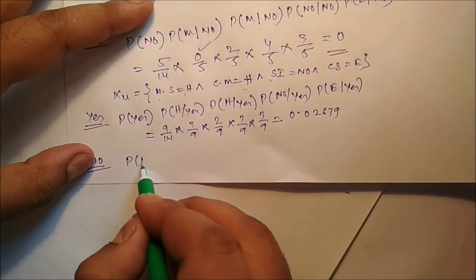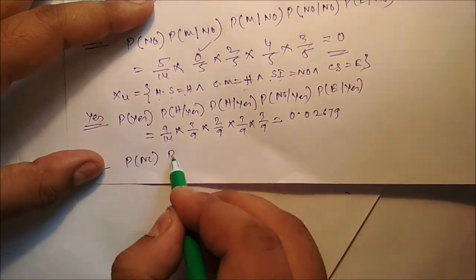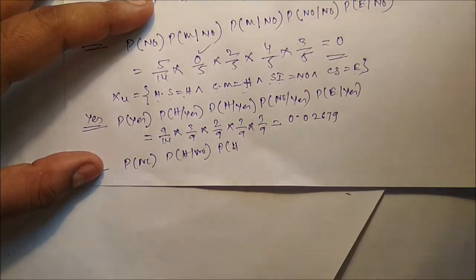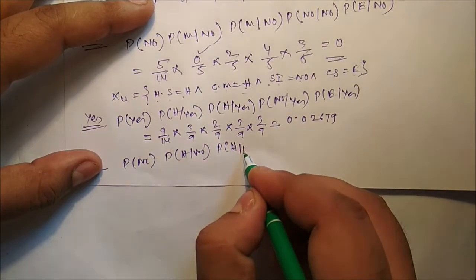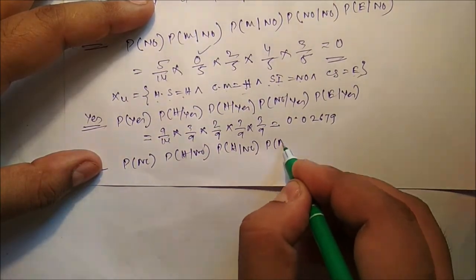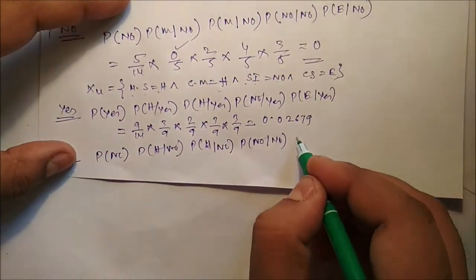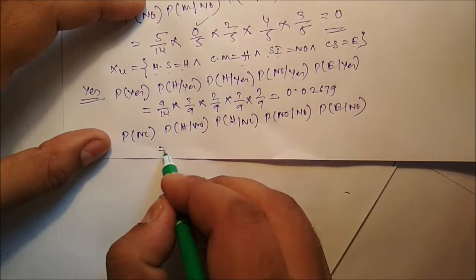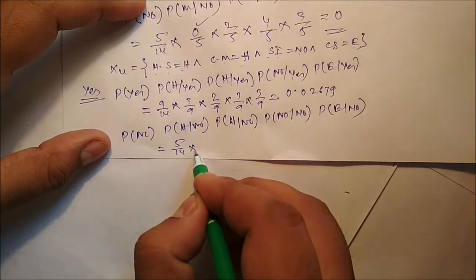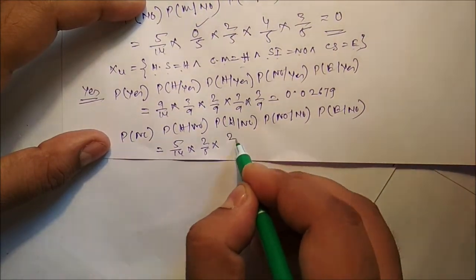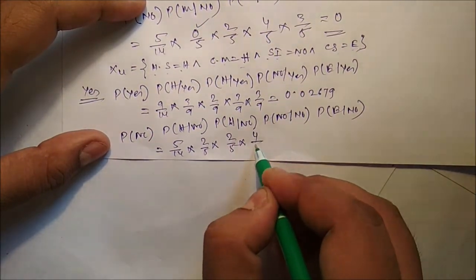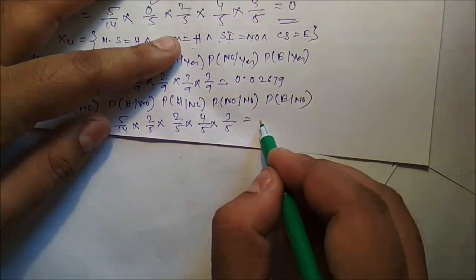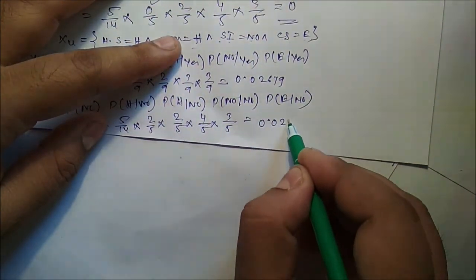Similarly, probability of no: probability of high given no, probability of high given no, probability of no given no, probability of excellent given no. The values are 5 by 14 into 2 by 5 into 2 by 5 into 4 by 5 into 3 by 5. If you solve it, you get the answer 0.0274.